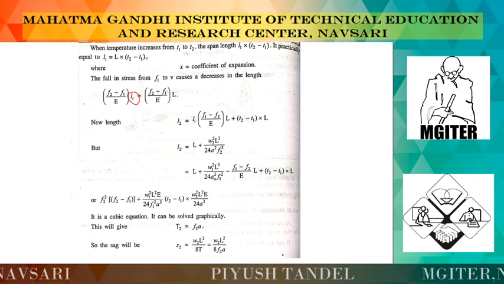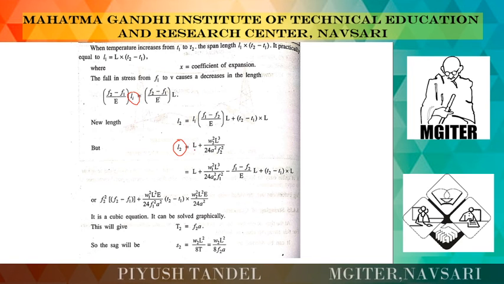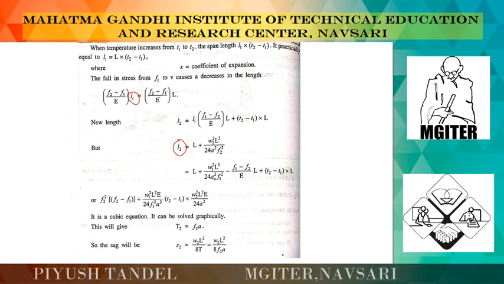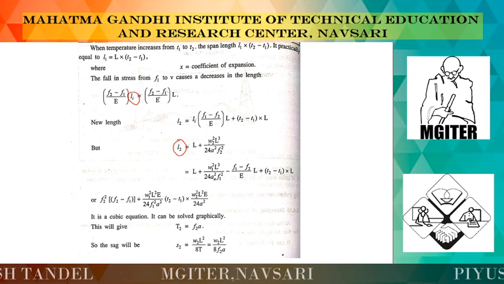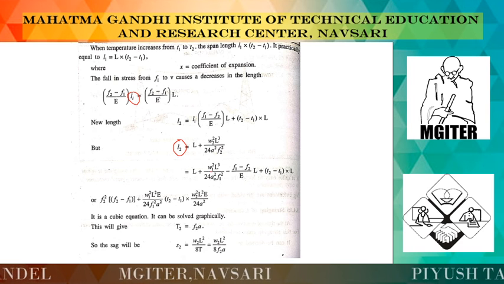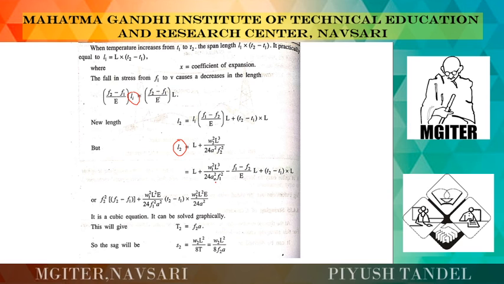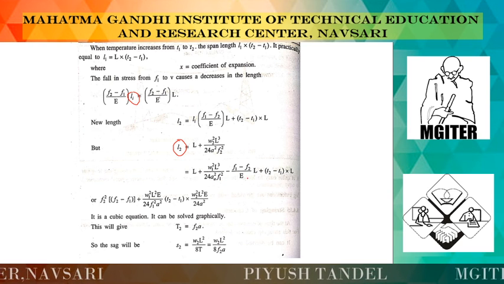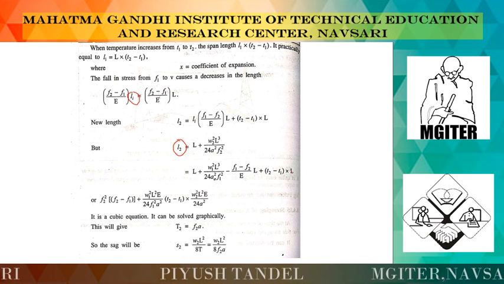So we can find the value of L2 is equal to L plus W2 square L cube divided by 24 A square F2 square. If we simplify these two equations, we get L plus W1 square L cube divided by 24 A square, equal to (F1 minus F2) divided by E into L plus (T2 minus T1) into L.